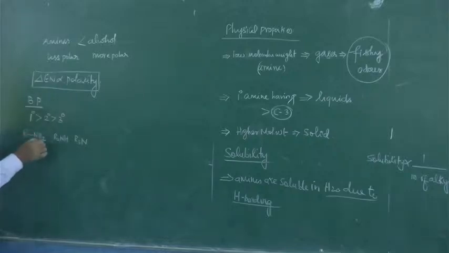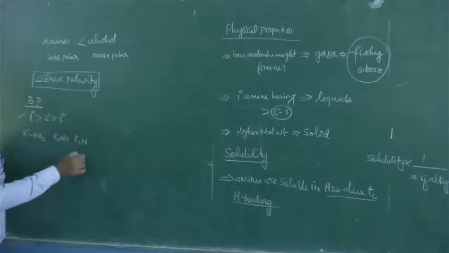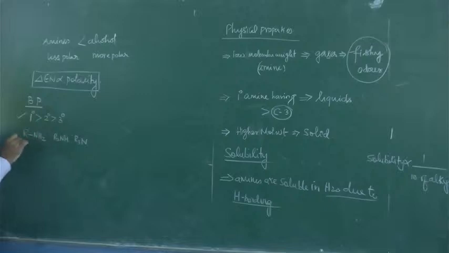So as the number of NH increases, intermolecular hydrogen bonding increases. Intermolecular hydrogen bonding will be highest in the primary amine when compared to secondary, because here 2 NH, here 1 NH, here 0 NH. So the boiling point is always going to be more in the primary amine when compared to secondary and tertiary. Okay, this is purely due to intermolecular hydrogen bonding.